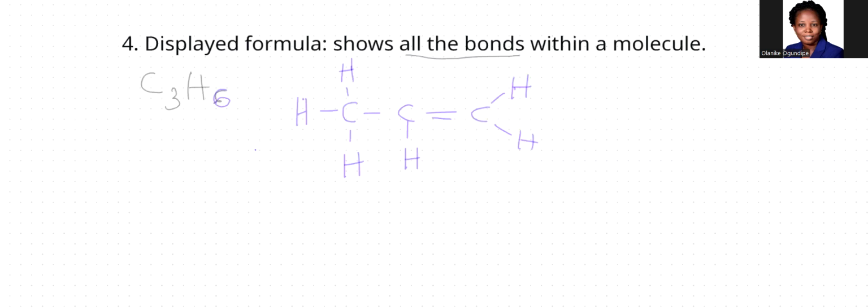Looking at the displayed formula, I can see that this molecule, C3H6, actually has a double bond, and in between the carbon and the hydrogen atoms, I have just single bonds. This gives me a better understanding of the molecule I'm considering. It also gives me an idea of the functional group in this molecule, and it tells me the homologous series to which this compound belongs.